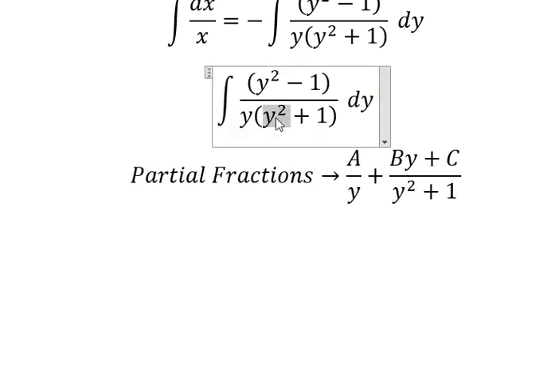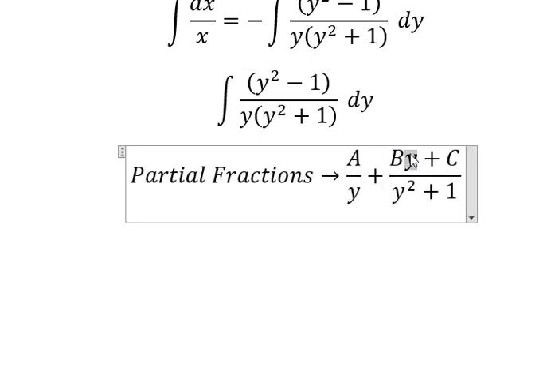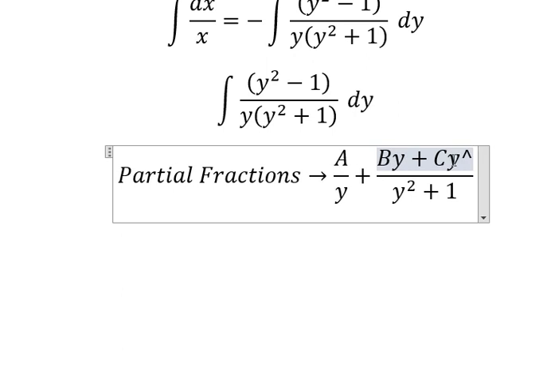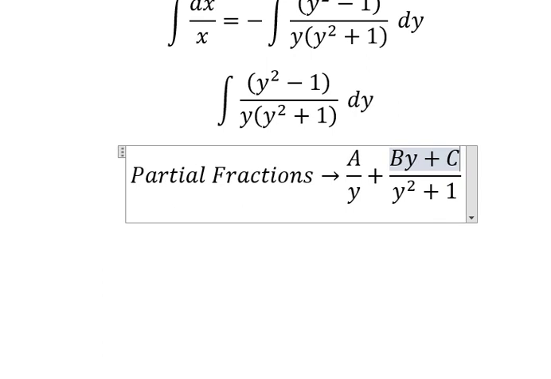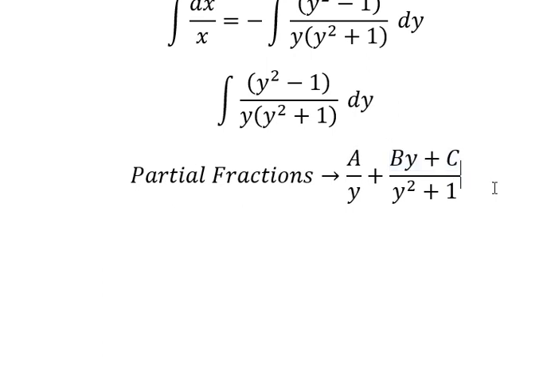Because this one has the power of 2, that means on the numerator the power should be reduced by 1, so 2 minus 1, so we have y, and later we reduce the power of y to y to the power of 0. That's why we have 1, and we can simplify like this.